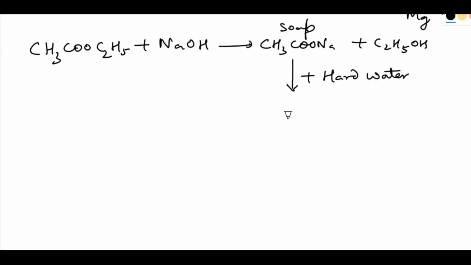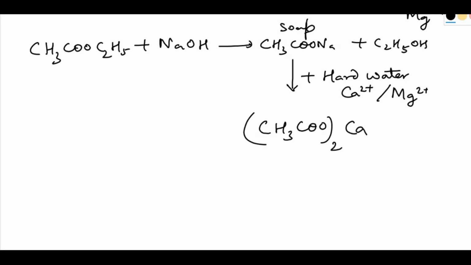But when soap is used with hard water that has calcium ions or magnesium ions, what happens? Calcium and magnesium will displace the sodium from the soap molecule. That finally gives CH3COO Ca or Mg, and sodium metal is displaced.